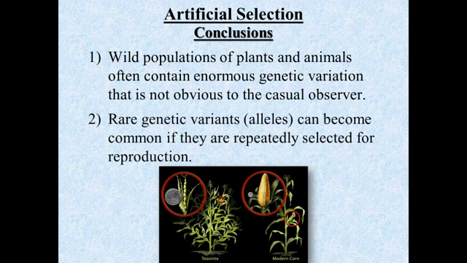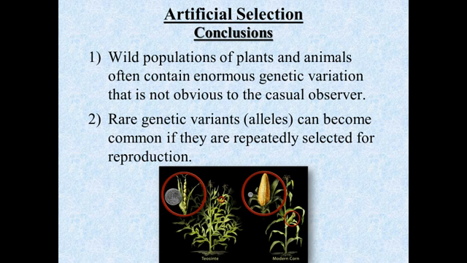The other thing is that by selectively breeding, we can find variants that are quite rare, and by selecting those, they can become very common. So the ears of corn, which were big and had lots and lots of kernels on them, well, those all came from that little plant that had those little tiny seeds and little tiny clusters.